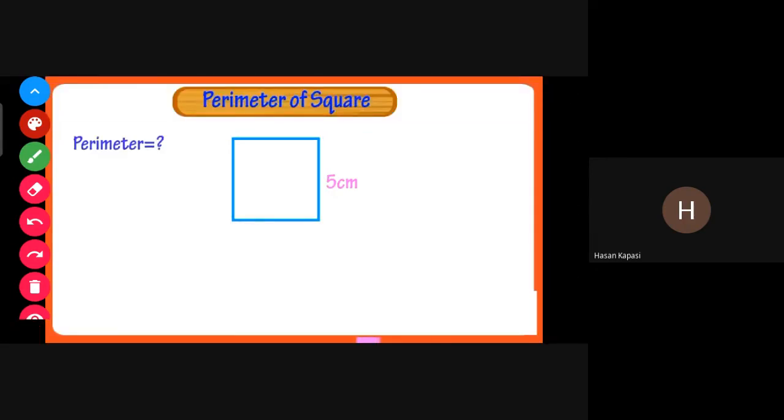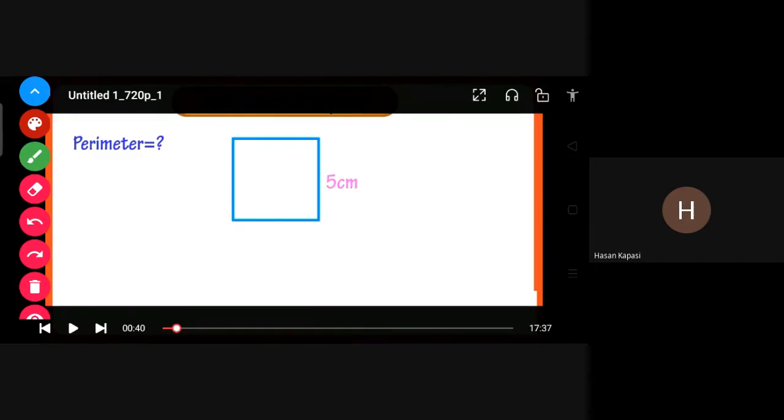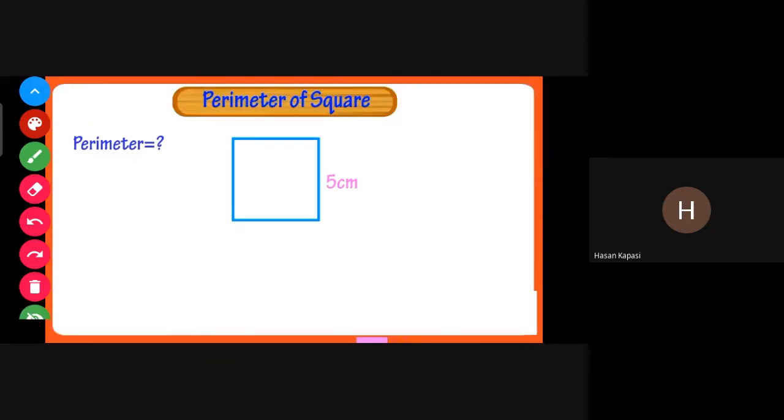So now they are asking about the perimeter, and they will explain that. Perimeter of square using formula. In your textbook also it is given the same way, but I'm still showing the video.